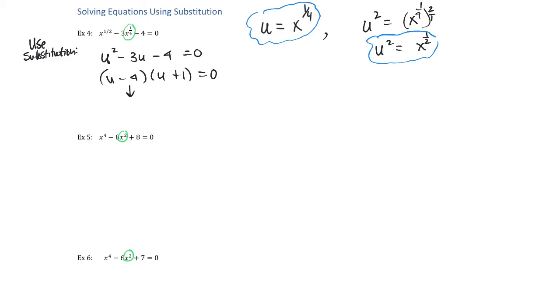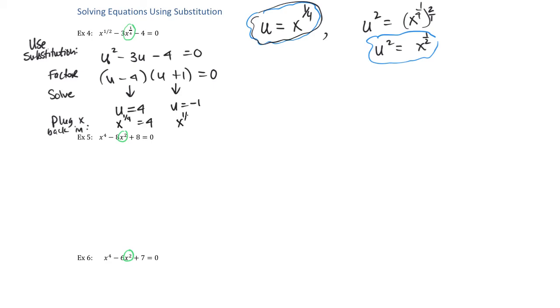Using the zero product property, that would give me that u equals positive 4 or u equals negative 1. Now I need to plug x back in. So instead of u, now I go to what is u worth, right? It's here, it's x to the 1/4. So I'm replacing u with x to the 1/4.